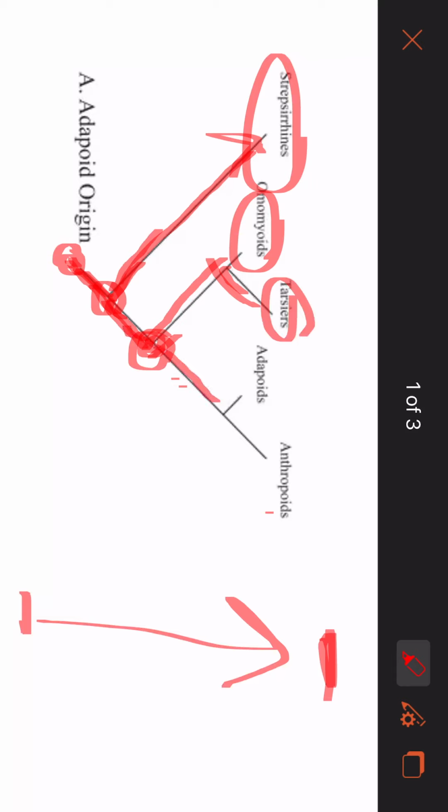And in the adapoid origin model, adapoids are more recently and more directly related to anthropoids, because here we have a more recent common origin, right? So at this point in time, another lineage split, eventually leading to adapoids, and then here this lineage just continued and eventually evolved into anthropoids, right?